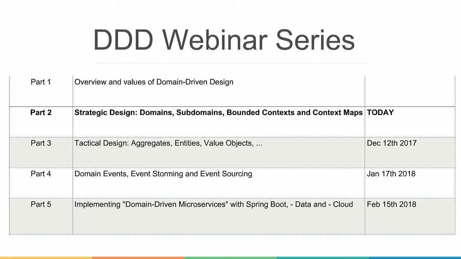And the fifth part, on February 15th, will be about implementation aspects. The fifth part will be about code. And we will look at how we're going to bring all of these things to life using technologies from the Spring ecosystem, such as Spring Boot, Spring Data, Spring Cloud, and so on and so forth.